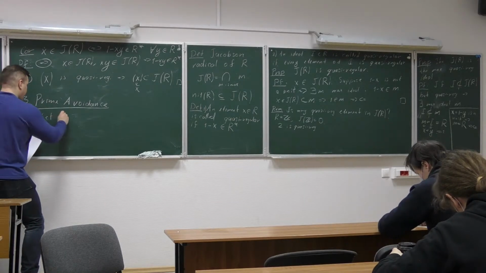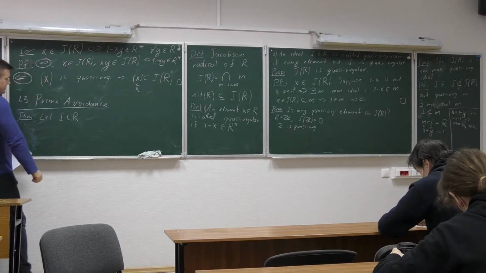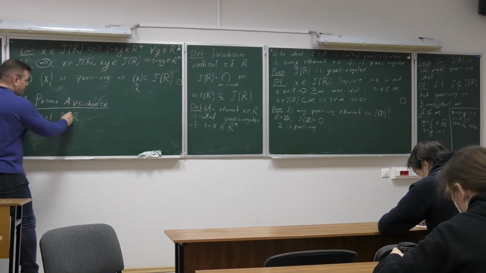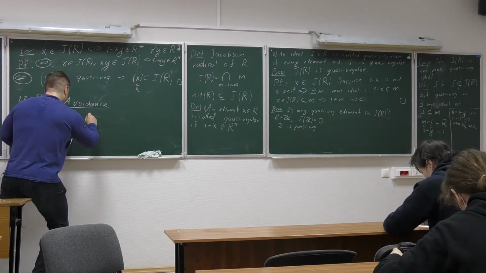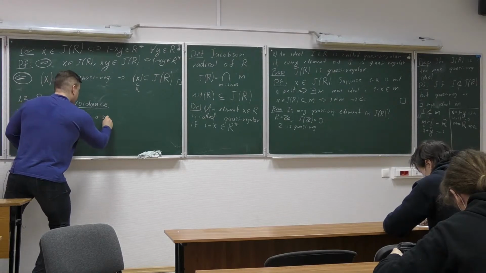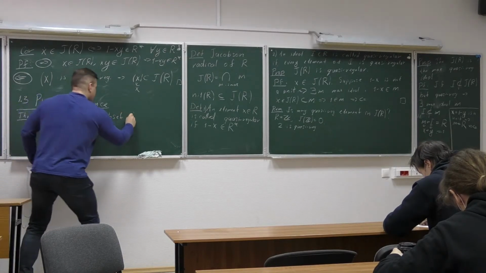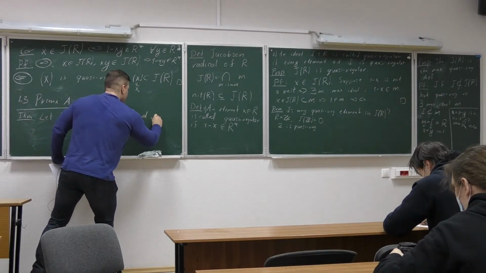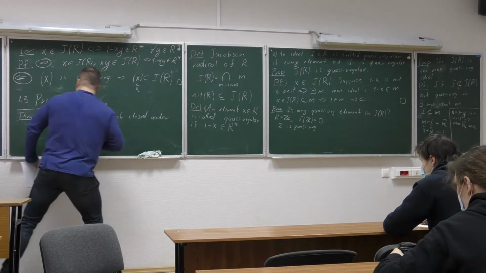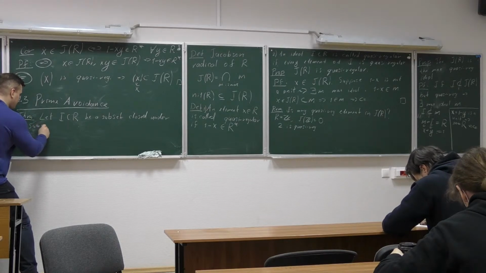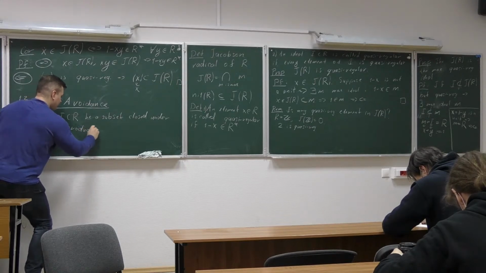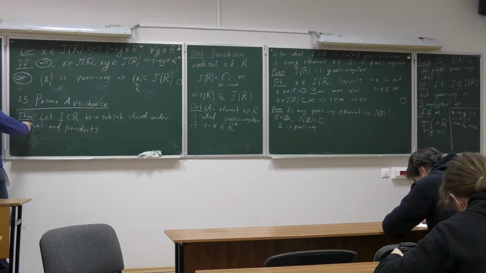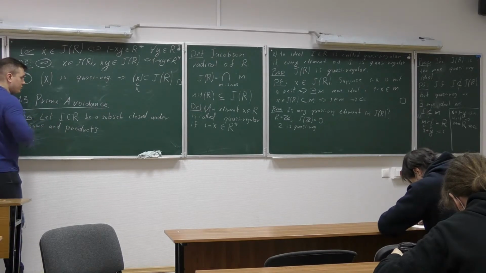So let I be an ideal, but in fact in the proof I need a little weaker condition. So I is a subset closed under sums and products. For example, an ideal will work in this situation, but in the proof I only need it to be closed under sums and products.